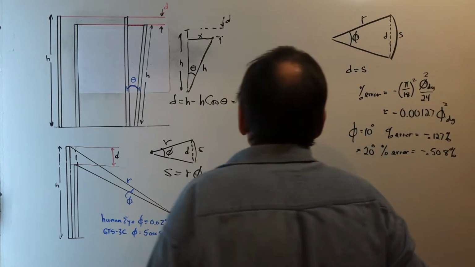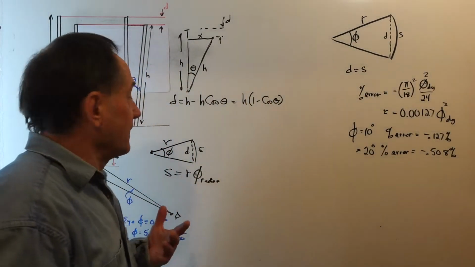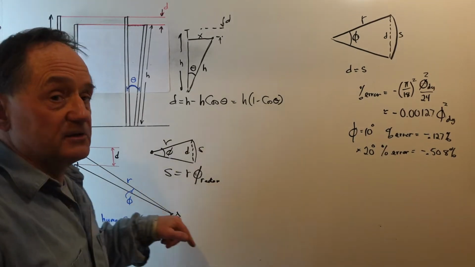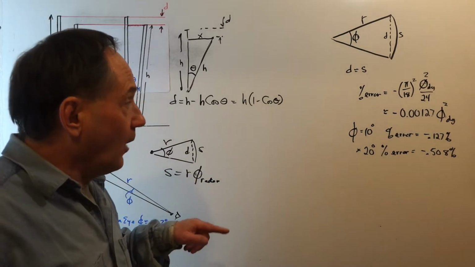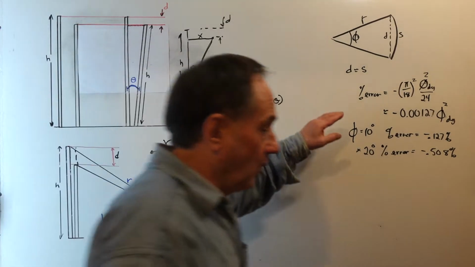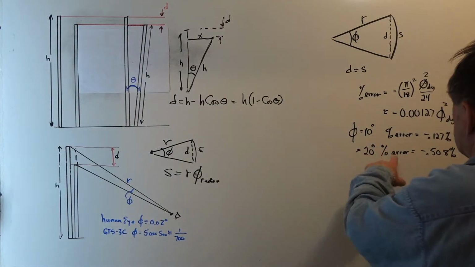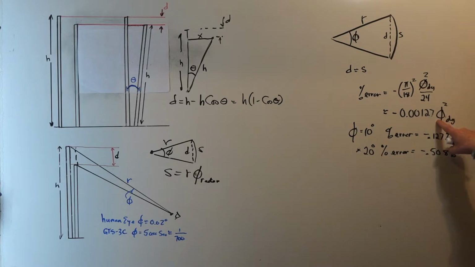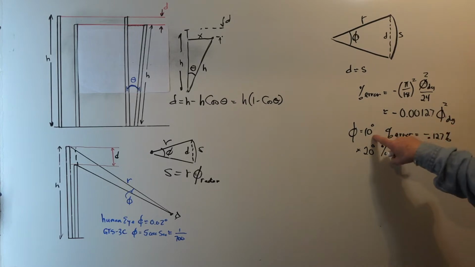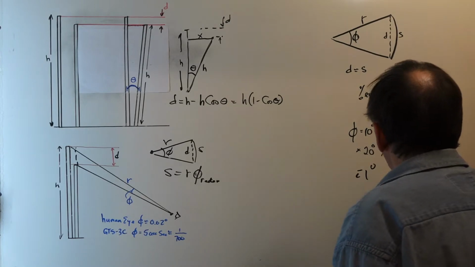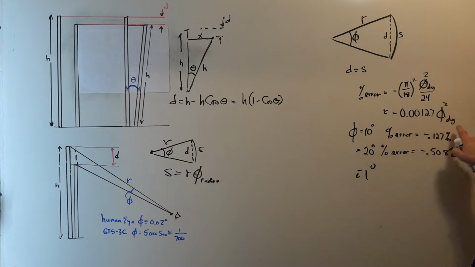So the angles that we're going to be dealing with when we're measuring is well under 1 degree, and with 1 degree this error is extremely small because it goes as the angle squared. So if we get down to 1 degree, the error in 1 degree is going to be smaller than 10 degrees by a factor of 100.